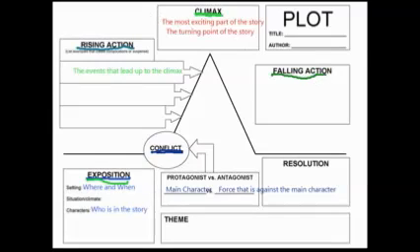So the falling action, again, is different events that lead up to the resolution. So we're going to say events that lead up to the resolution. Or you could even say that lead down to the resolution, because you're coming down from that climax, that most exciting point.